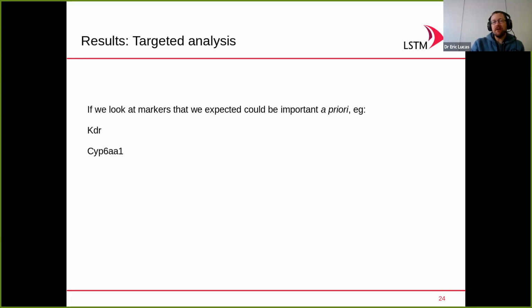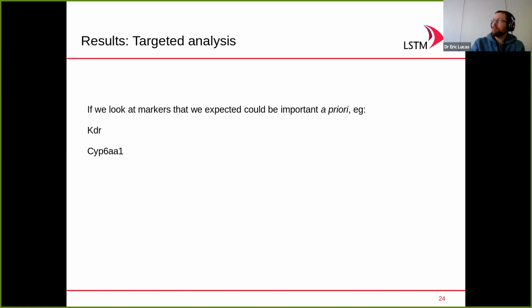So in deltamethrin, we know that KDR is the target site of that insecticide, so we expect to potentially find associations there. And we know from previous studies that copy number variants in CYP6AA1, so the number of copies of the gene CYP6AA1, are both associated with resistance. We know this from previous studies in other populations.